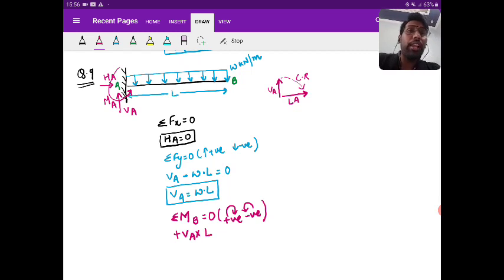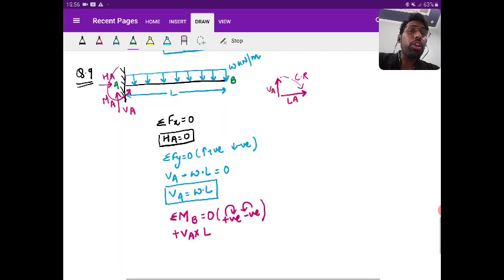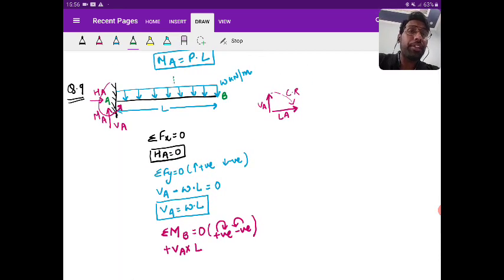Now this UDL. I always told you that whenever you take the moment of a distributed load, it should be considered at its centroid.